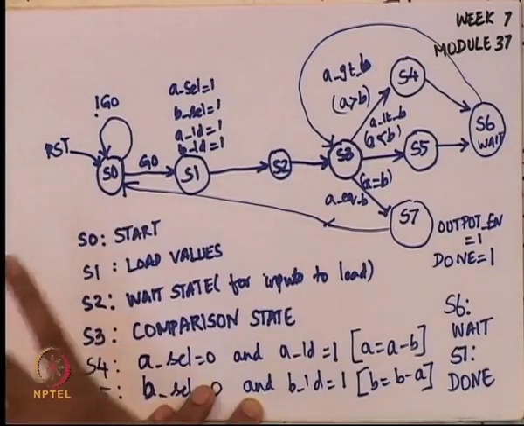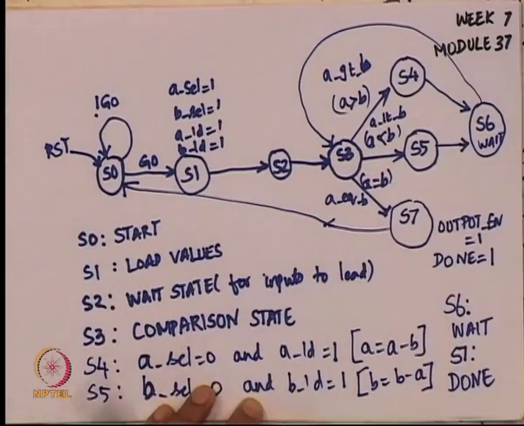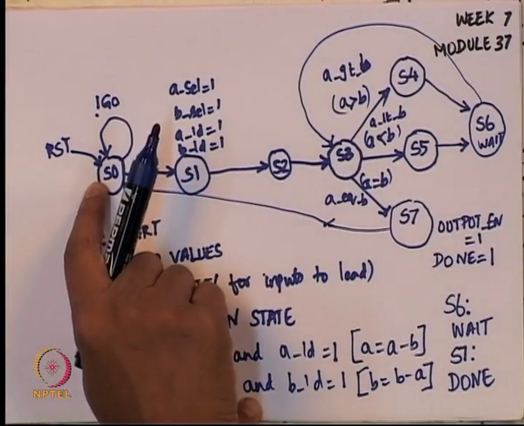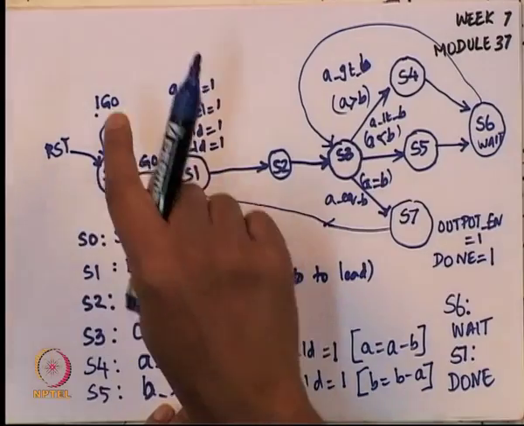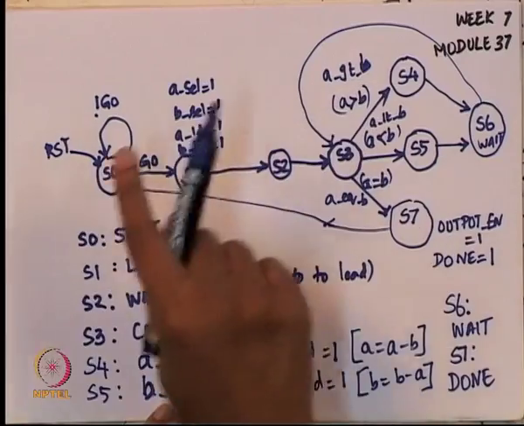At this point the external world can give new inputs, it can choose not to give any new inputs at all, but if there are new inputs, the external world will keep the new inputs ready, and once the new inputs are ready, then it will give a go signal, and only then the state machine will continue.